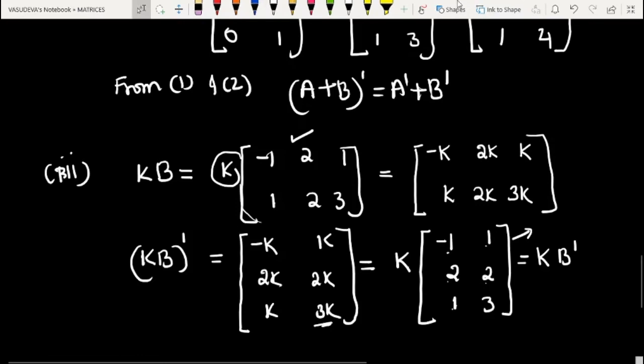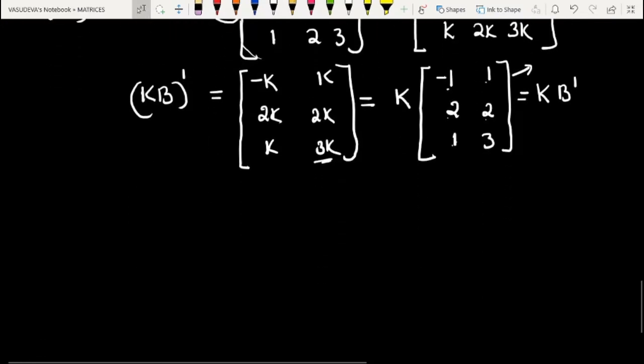So that proves, we have proved the properties of the transpose using the examples.